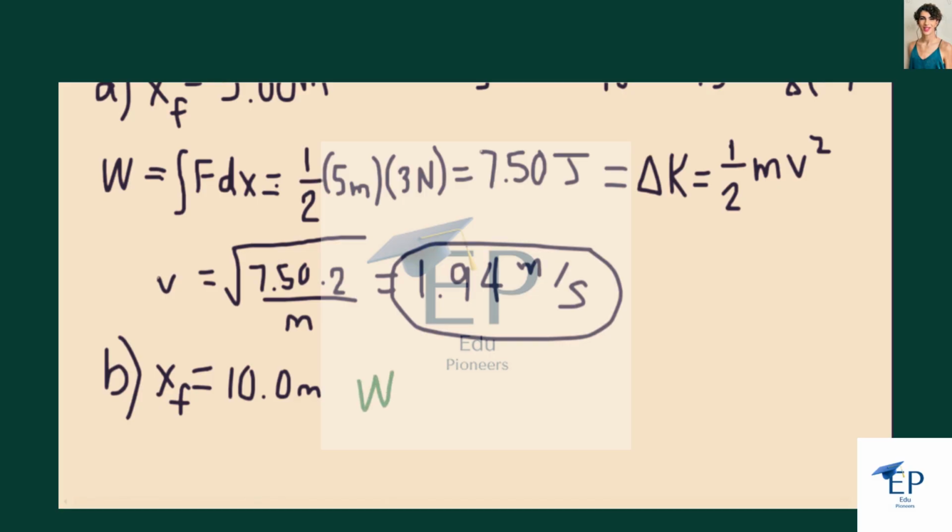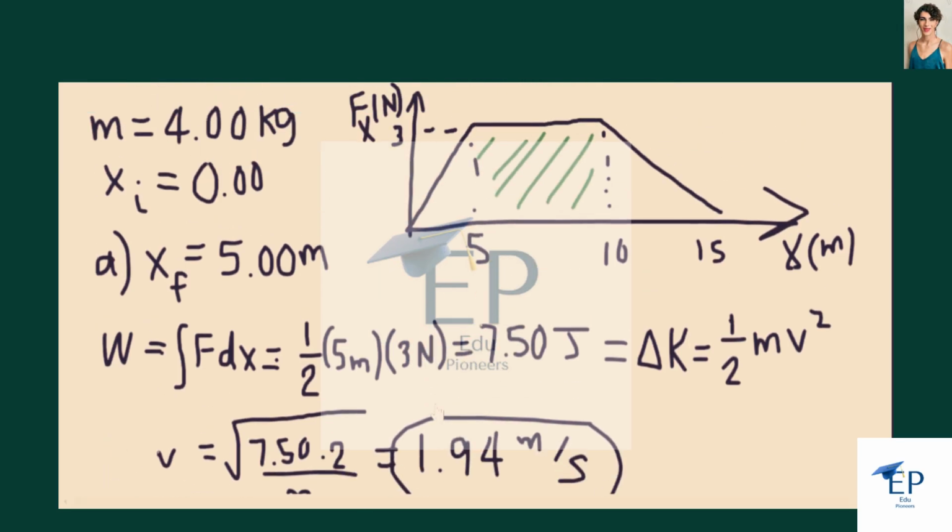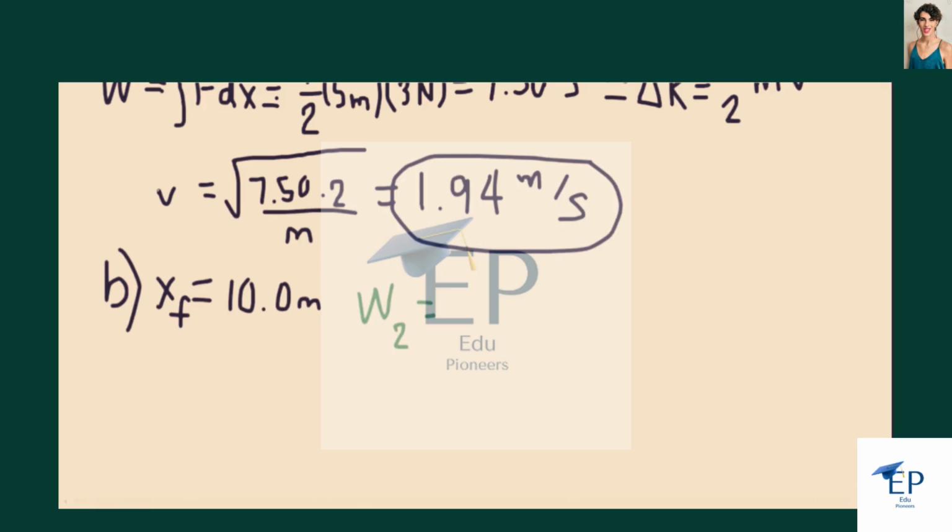So the extra work, I'm going to call this work sub 2, is just going to be the area of that, which is from 5 to 10 is 5, and then the height is 3. So that's going to give me an extra 15.